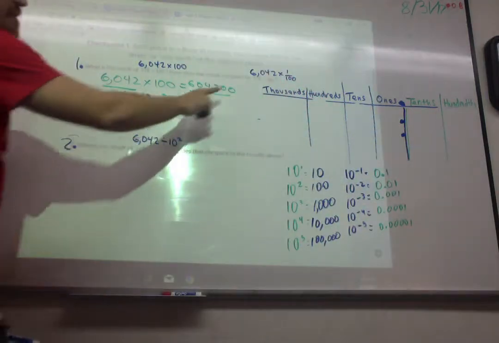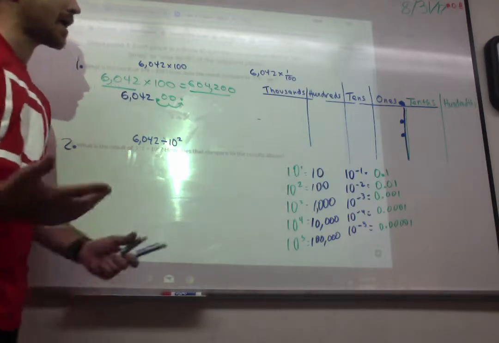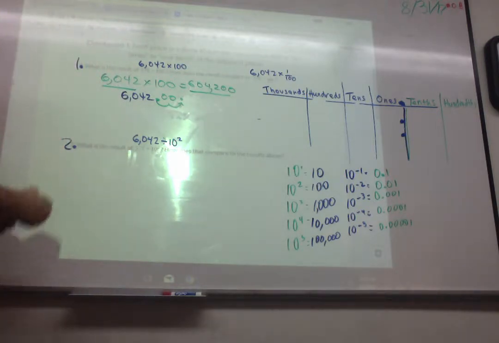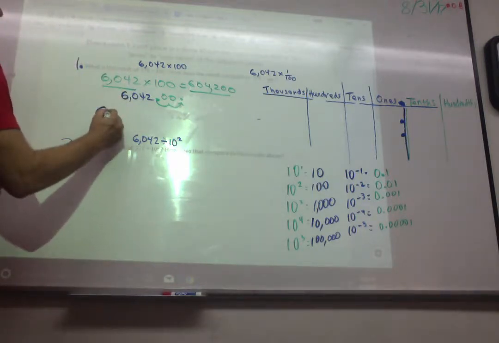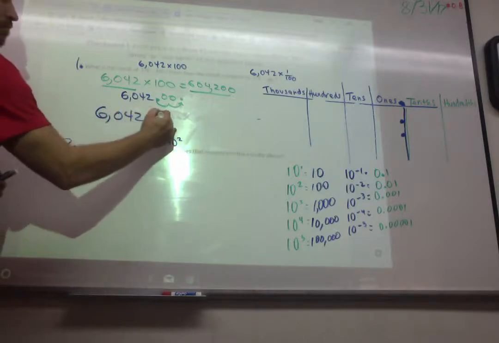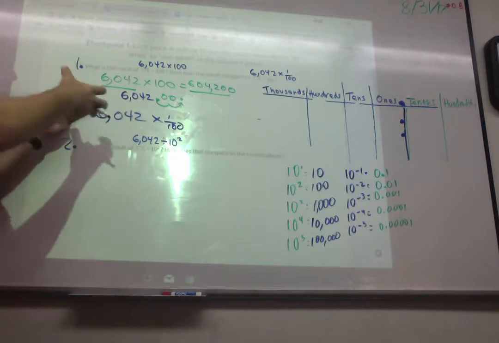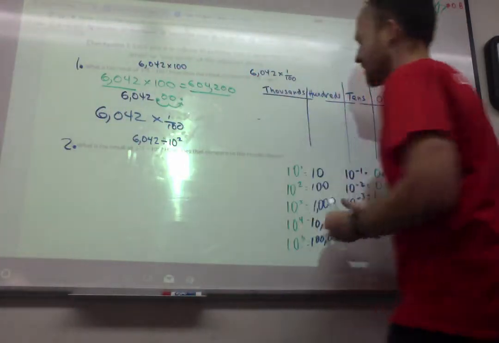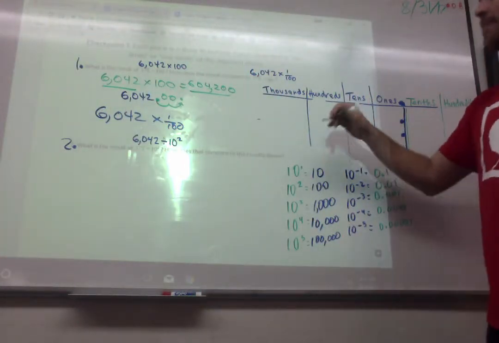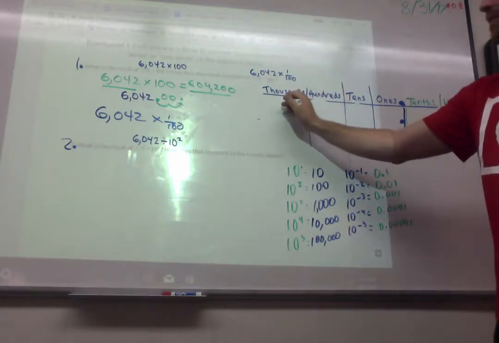What happens if I divide that number by 100? I am making it 1/100th of itself. I'm not multiplying it by 100.